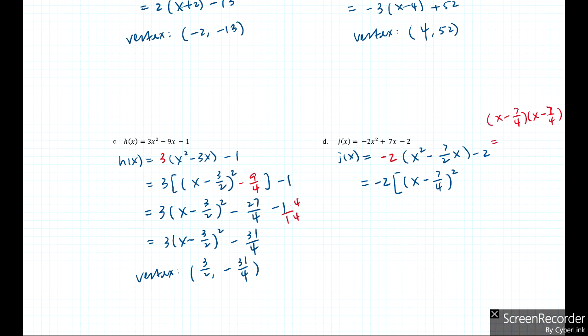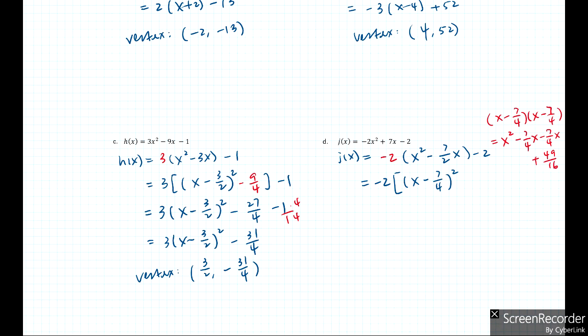So now going through the FOIL process, first is x times x, which is x squared. Outside is x times negative 7/4, which is minus 7/4 x. And inside, again, minus 7/4 x. And last, we have negative 7/4 times negative 7/4, which becomes plus 49 over 16.